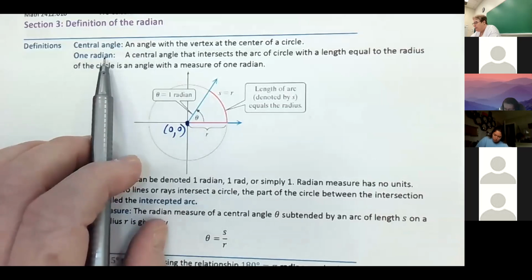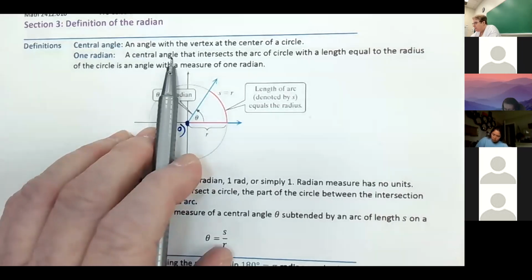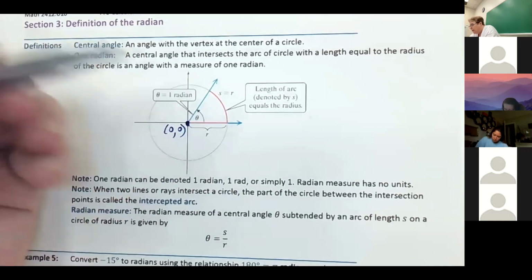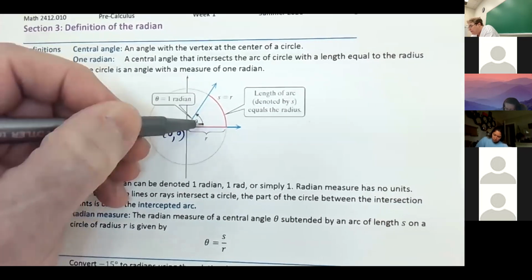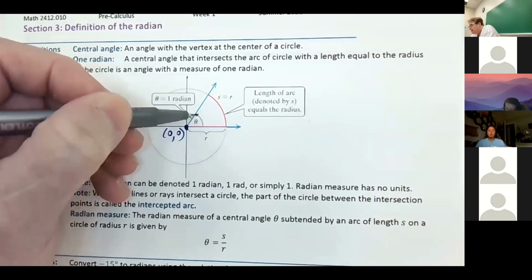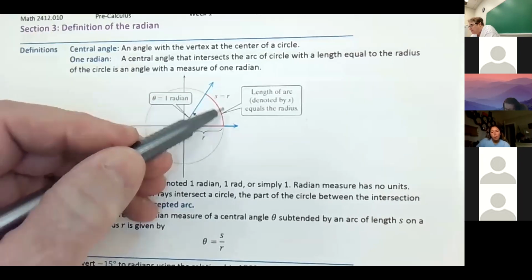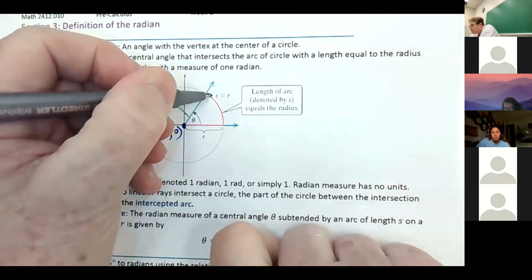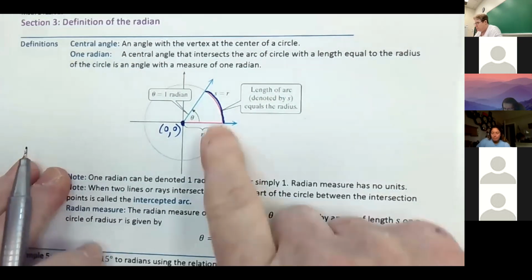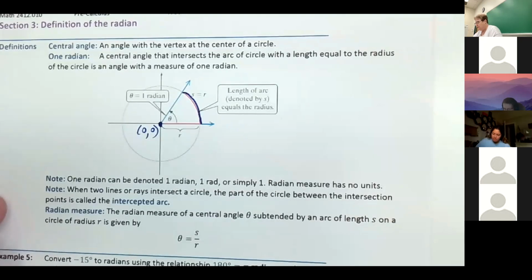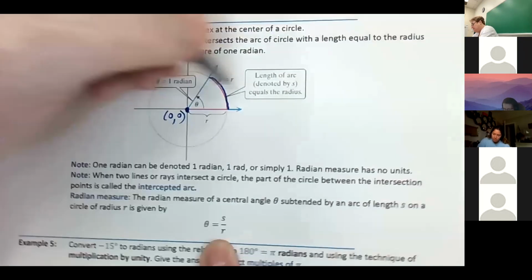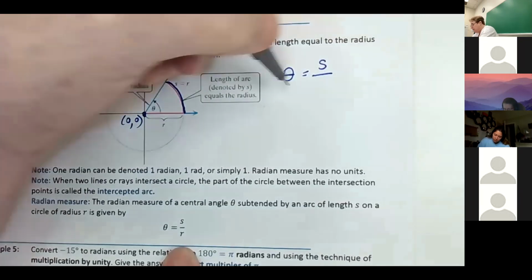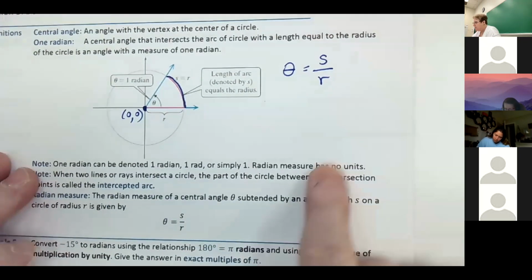1 radian is a central angle where the radian measure of this angle is exactly the same as the arc length. So the arc length is this distance along the circle. And the formula for arc length is theta equals S over R, where S is the arc length and R is the radius.